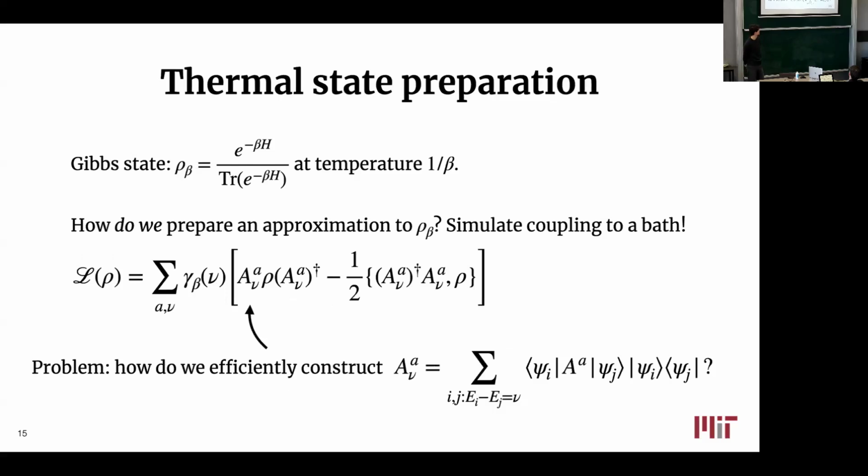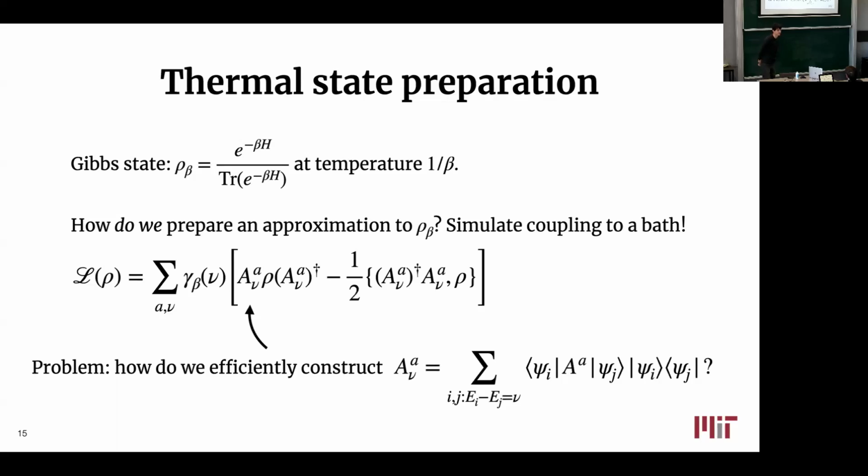These algorithms usually need things like block encodings of your Lindblad operators. And so now we're stuck with an operator that looks like this if we want to realize it on a quantum computer. That's a little gnarly to construct. We don't know the eigenbasis of our Hamiltonian. That would take forever to figure out. How do we construct this?